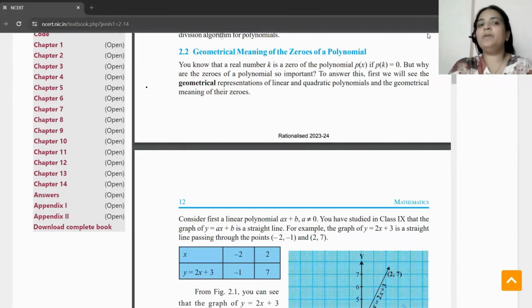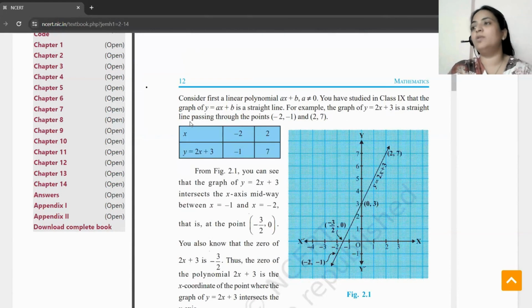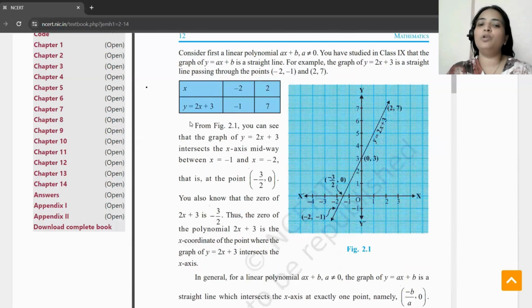Right. So now we are going to understand the geometrical meaning of zeros of a polynomial. That means if you draw them on a graph paper, how would they look like? As I've told you, whenever you have a linear polynomial, that is you have the degree 1 of your polynomial, then the polynomial would look like a line to you.